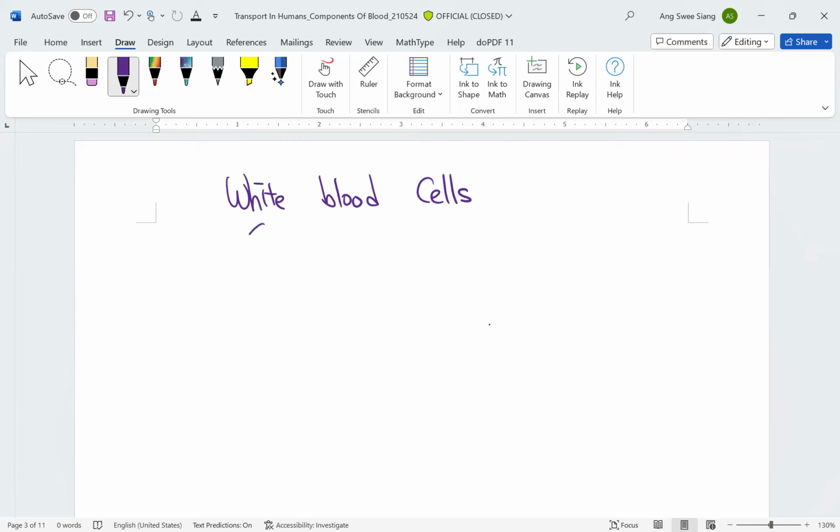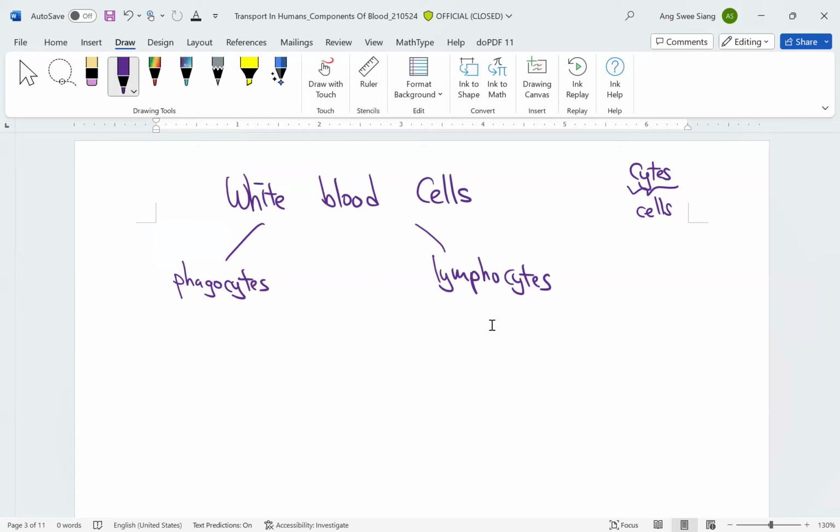One of them is called the phagocyte. The other is called the lymphocytes. Now, whenever you see this word, cytes, this has the meaning of cells. So phagocytes and lymphocytes, they are cells.